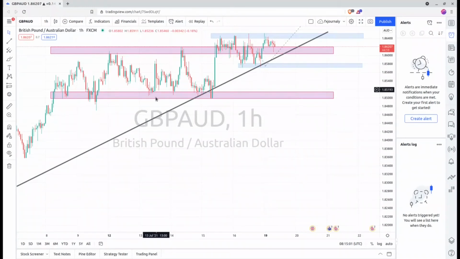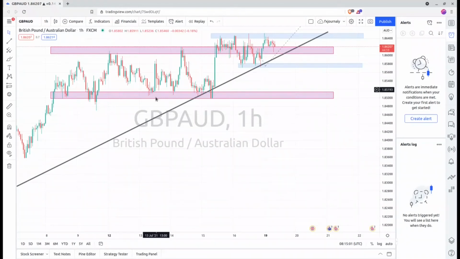So I am in a sell position for GBP AUD, and I'm going to drop another video highlighting that position and the reason why I took that trade. That's going to be in a future video that's coming out shortly.